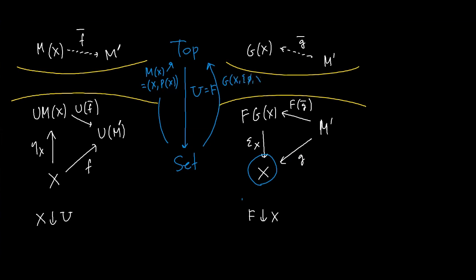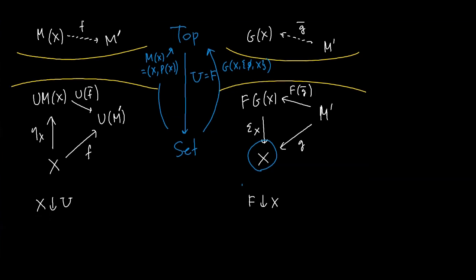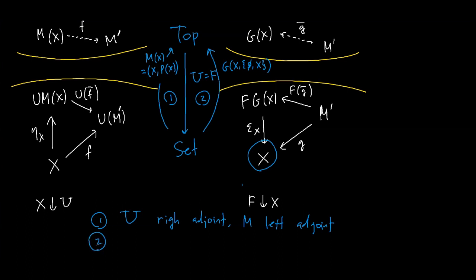You agree with that? Yep, now I see how it's symmetric. Yeah. But what is interesting is that in the first case, this matches our original setup. So in the first case, U is right adjoint, and this M is left adjoint. Whereas in the second case, it will be the other way around.